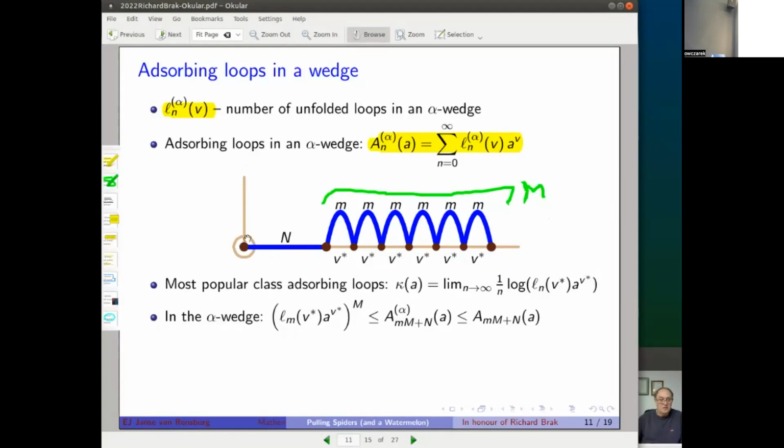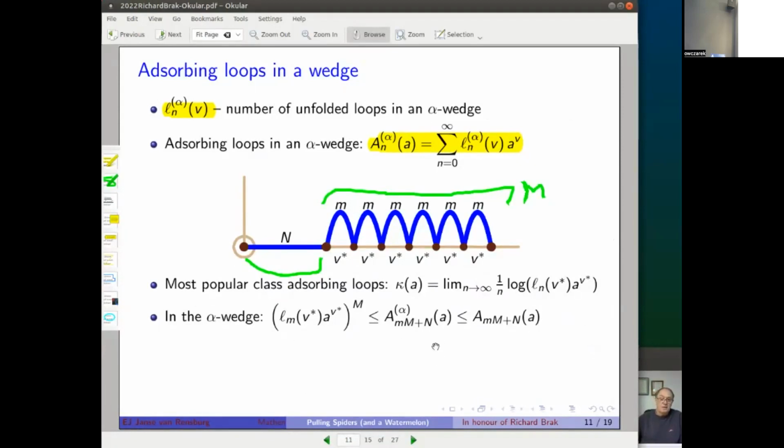And then you join them with a string here, or a sequence of n steps from the origin to the first vertex here of the sequence of loops. So you put them together like this, and this of course now altogether is a loop itself, made up of these subloops or smaller loops and this string of steps, and it contributes to this partition function.